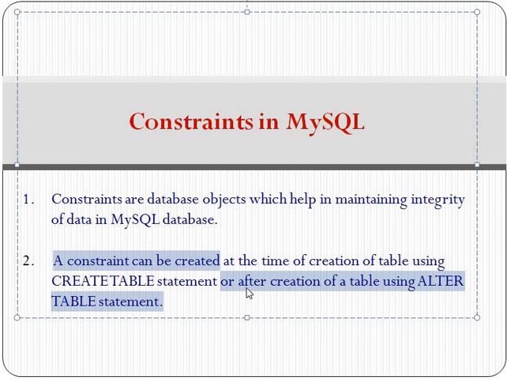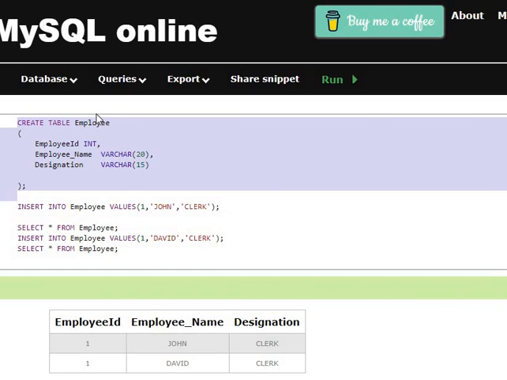The alternative route is to impose that constraint after the creation of the table using the alter table statement. So as this table named employee has already been defined with these columns, where the column named employee ID has not been imposed the primary key constraint.